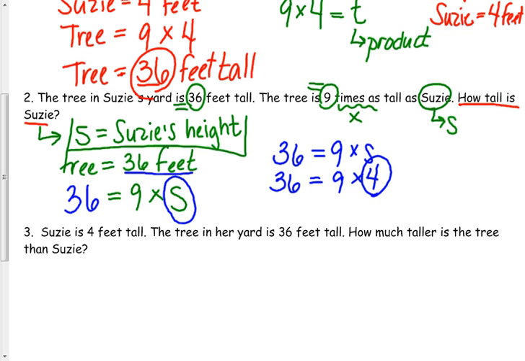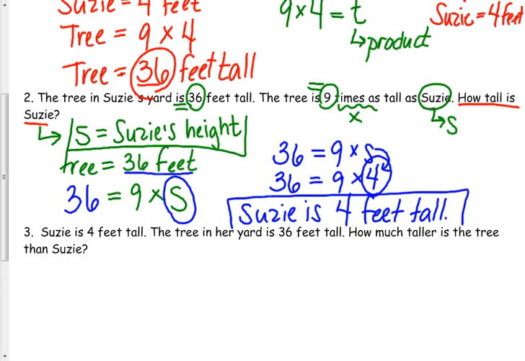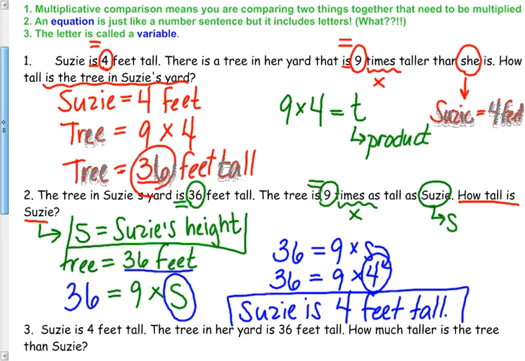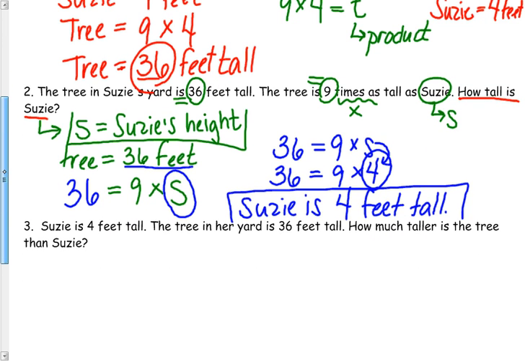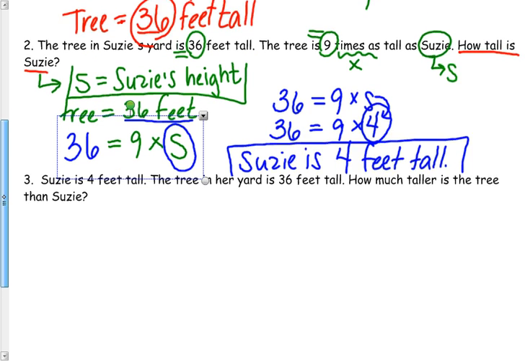So 4 is replacing the letter S as our answer. So we go back to our question. How tall is Susie? Susie is 4 feet tall. So notice in this question, we're using one of the factors as our variable. In the first, the product was our variable. In the second, the factor was the variable.